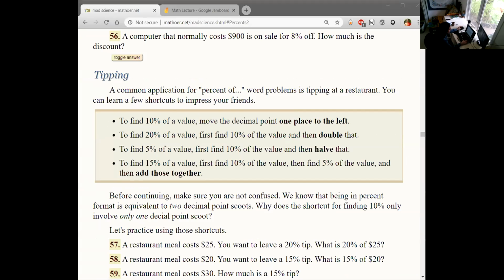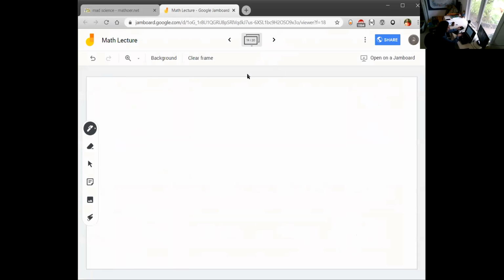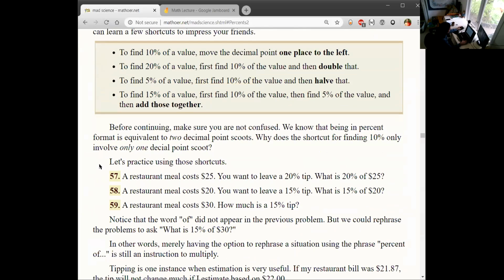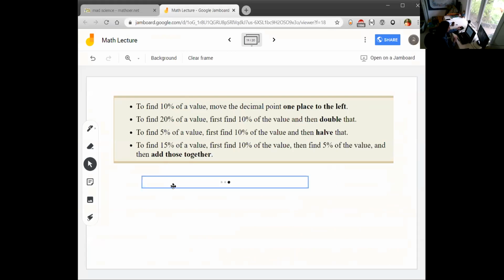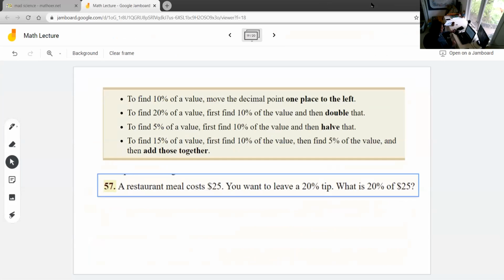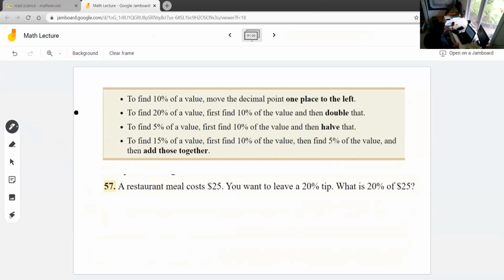So I think this is too much to try and put on the same page with something, but maybe we can fit one. Okay, so 10% is just a scoot to the left. So I would take my $25, do one scoot, and get $2.50.